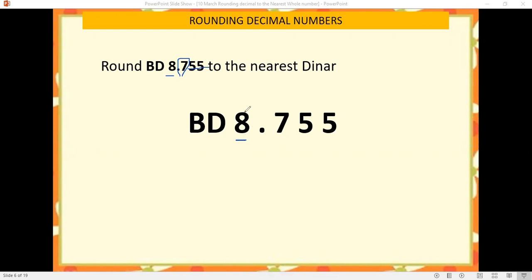Which one is closest to 8? It is 7, so let's circle it. 7 is 5 or more, isn't it? So we will add 1 to the 8, and this one, let's just ignore it. So we have 9 dinars. Okay, simple.